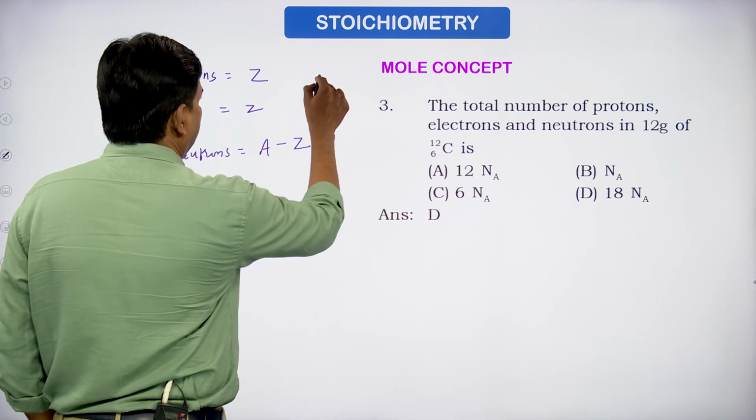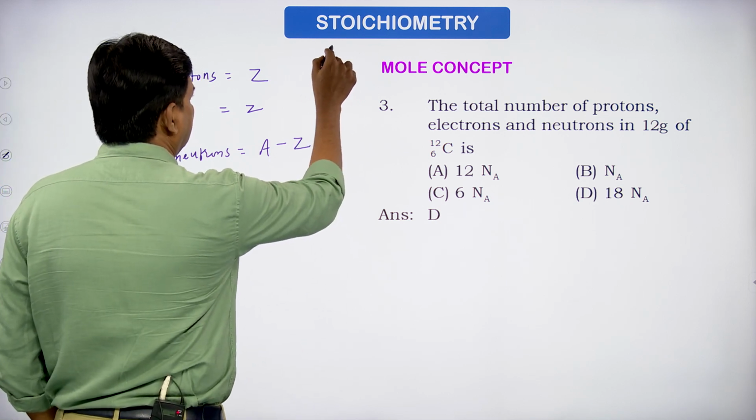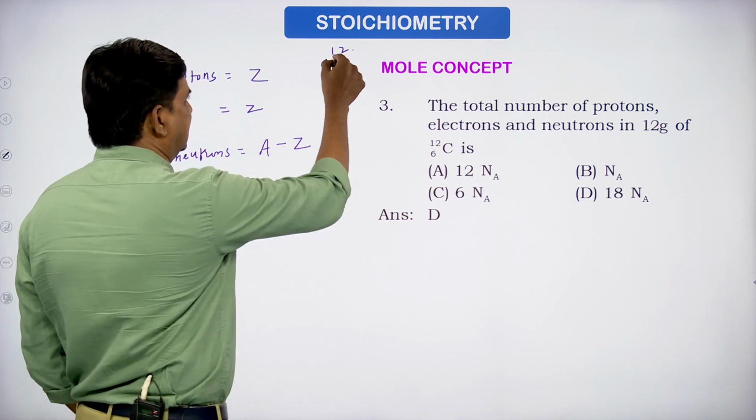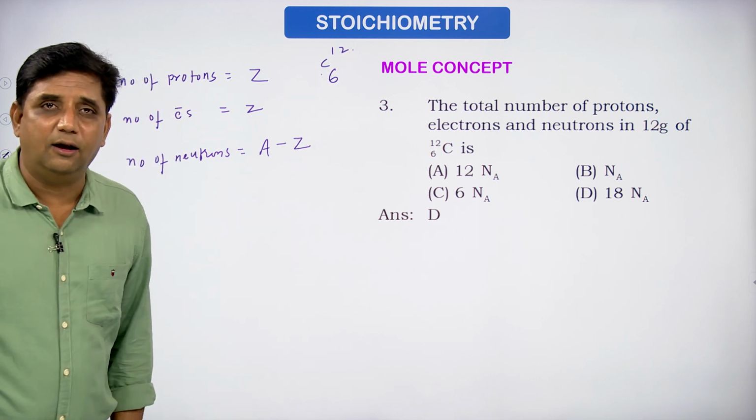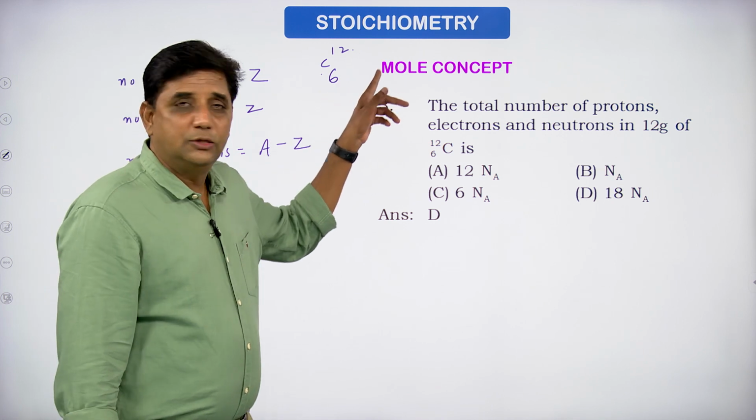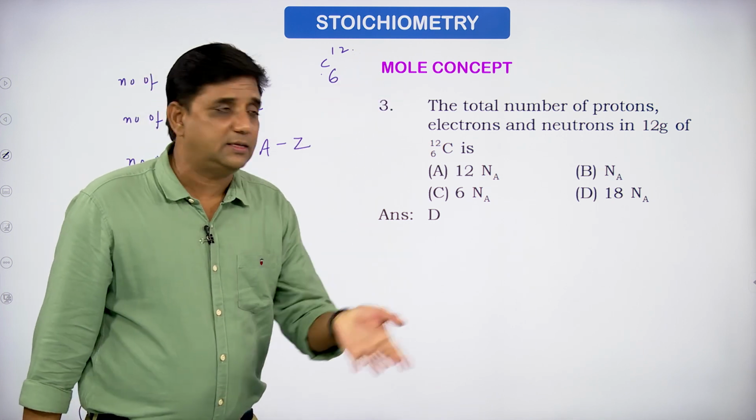He is clearly saying that it is 6C12. So this is the mass number, this is the atomic number. So mass number minus atomic number for C.